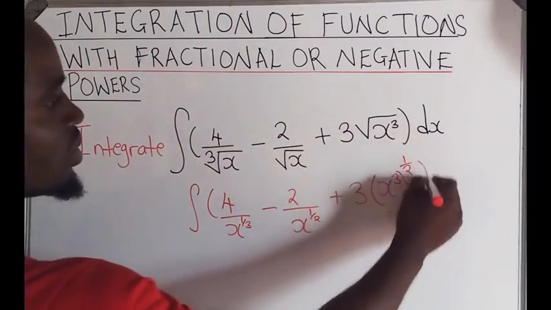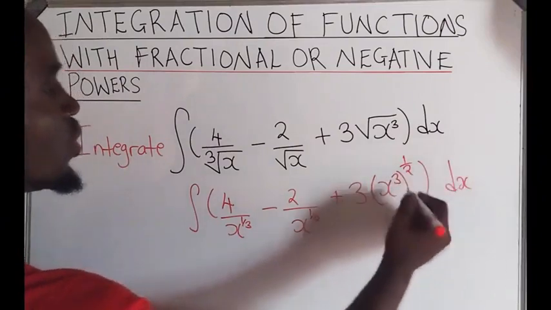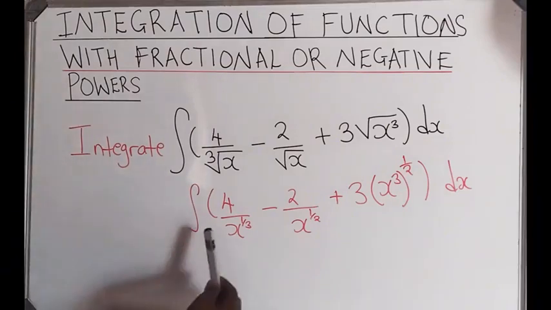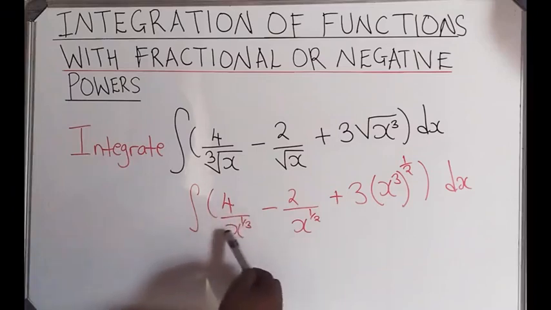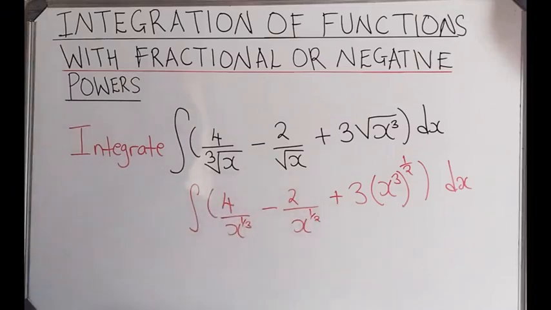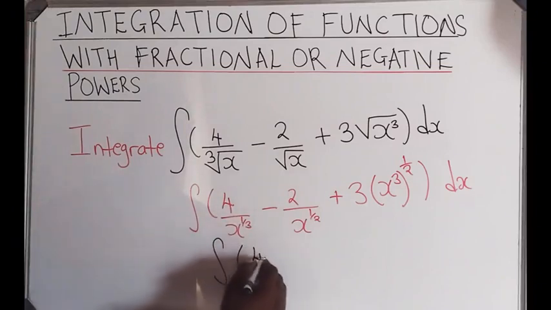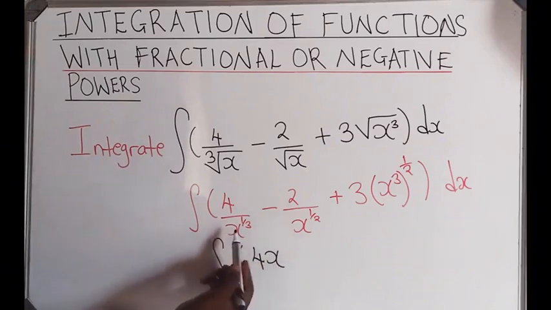Then dx. So from here, what I'm doing is I'm not integrating anything. As you can see, I'm not integrating anything. What you are going to do is just rewrite this now. We change them from being fractions the way they are. So we write the integral of 4x, now this is x raised to the power 1 over 3.